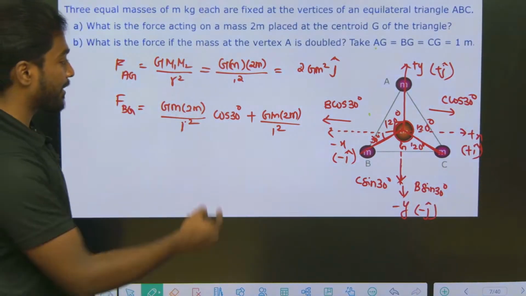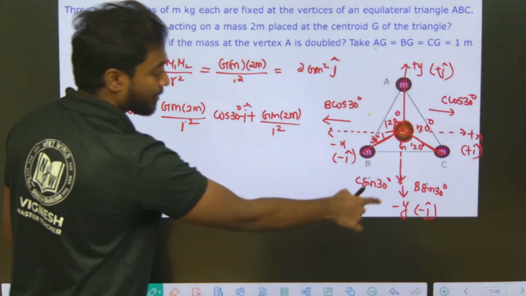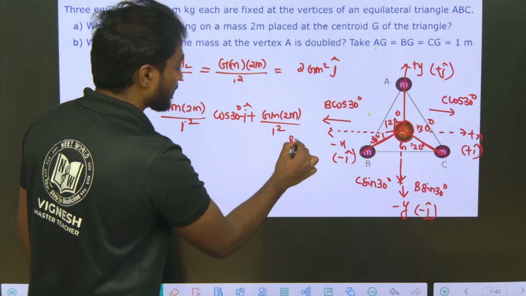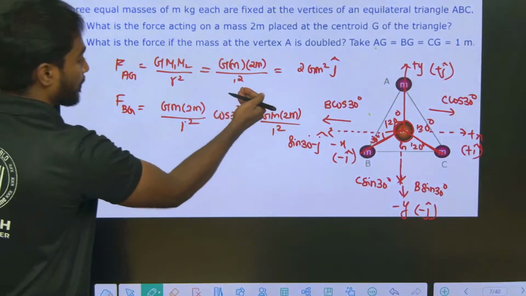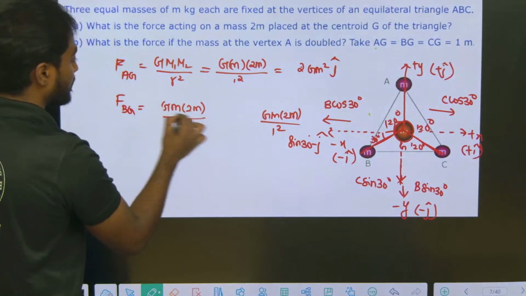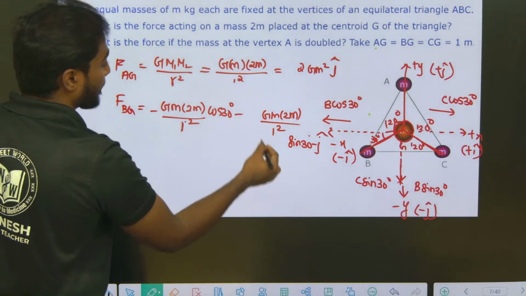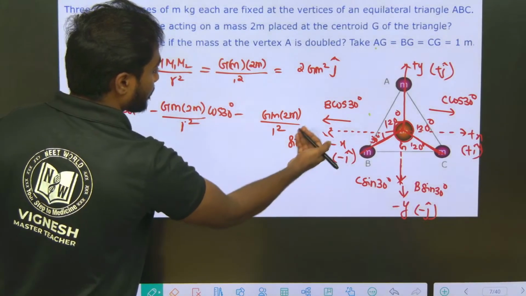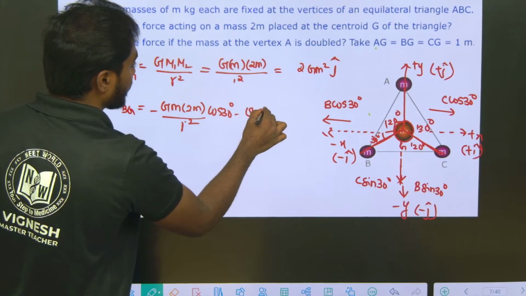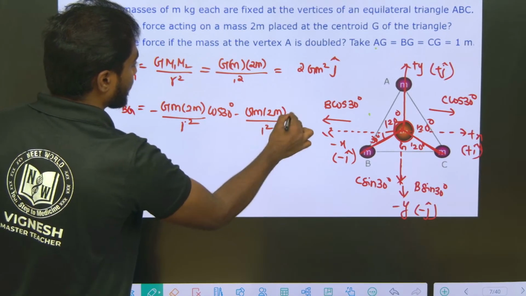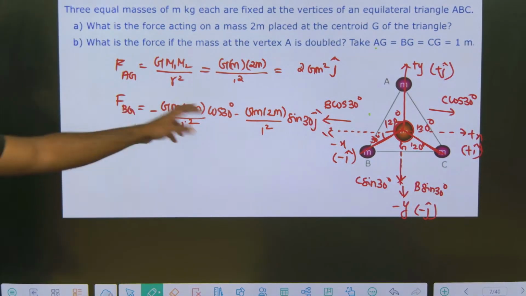Cos 30 is minus i cap, and sin 30 minus j cap. So let me write over here: minus G m into 2m by 1 square cos 30 degree i cap, and minus G m into 2m by 1 square sin 30 degree j cap. Okay. So both are minus only.